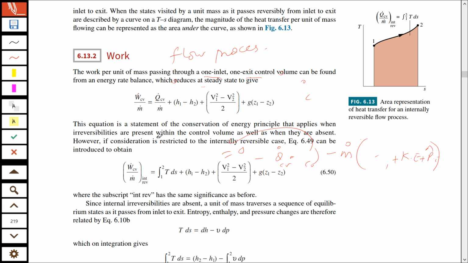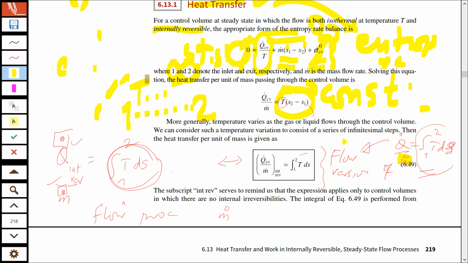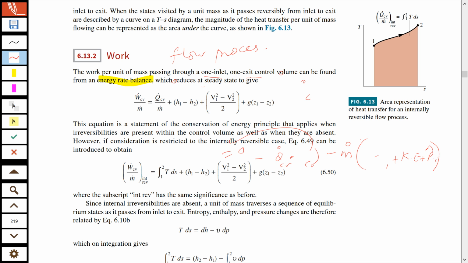So you start from the energy rate balance, and then you incorporate the result from the previous section. The result was that if it was internally reversible, then Q dot over m dot will have a specific expression. Remember, writing this equation does not assume any internally reversible process.